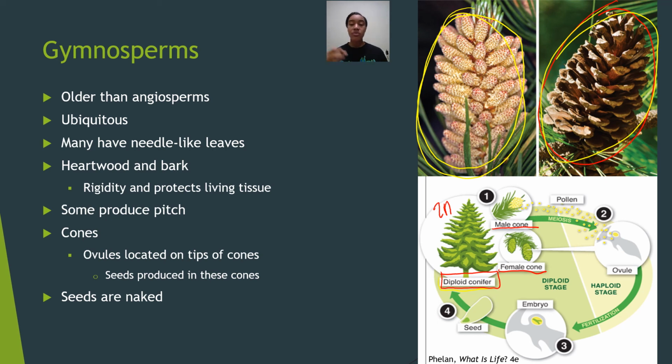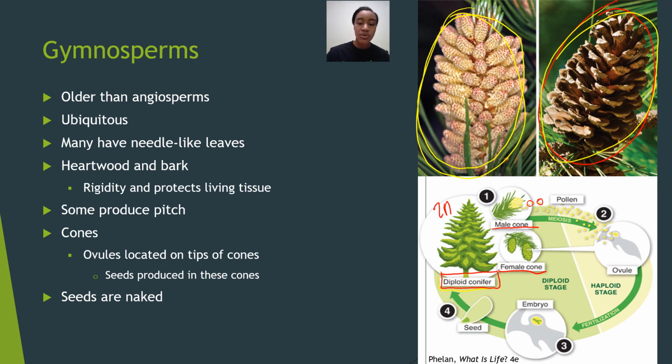The sperm and the egg are haploid. The sperm is located within pollen grains, and the pollen is not the sperm. The pollen grain contains the haploid sperm. And then the eggs are contained within ovules that are at the base of the pine cone.